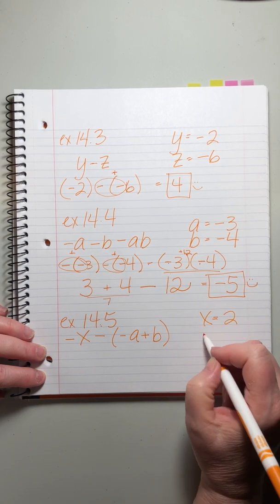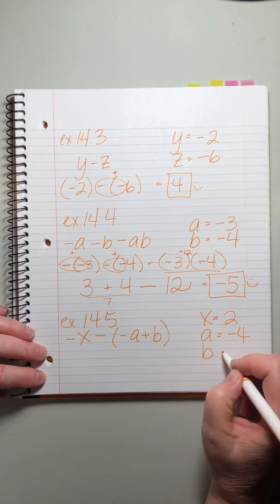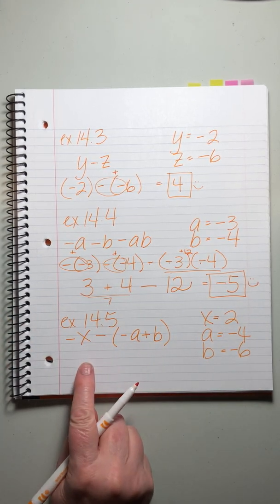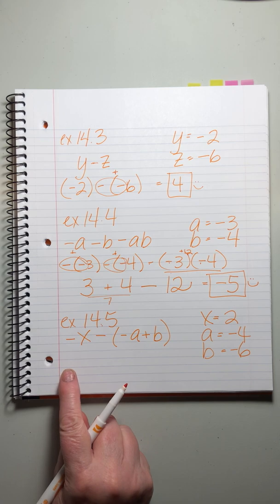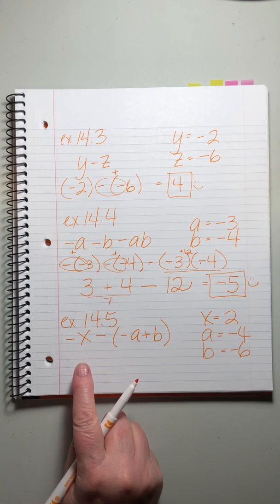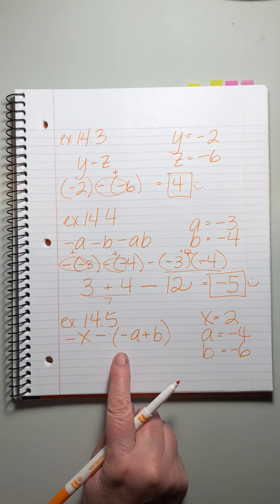X equals 2, A equals -4, B equals -6. Okay, let me just double check this and make sure I've got all these crazy minus signs in the right place. Minus A... oh no. My book's kind of in the shadows, so I'm being extra careful.